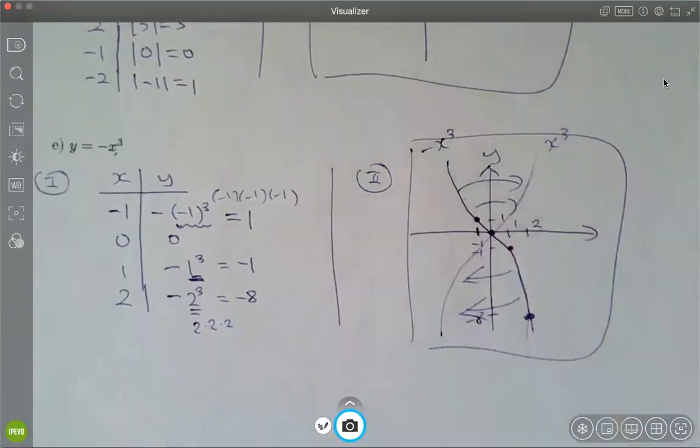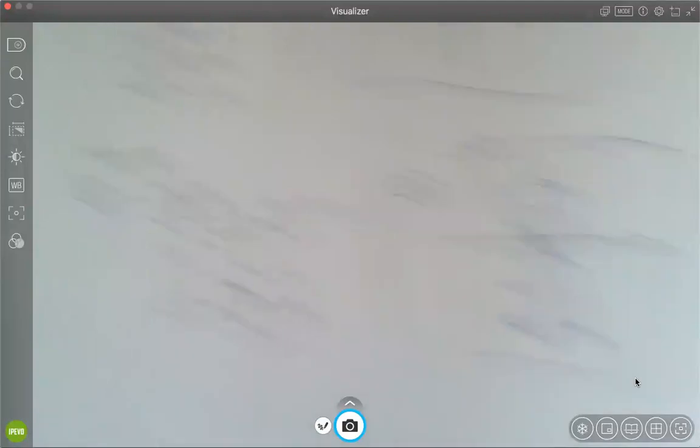Any questions over these graphing problems? Okay, so this quickly wraps up 2.1. And now let's go back to chapter 1, and then we will finish things there, okay?